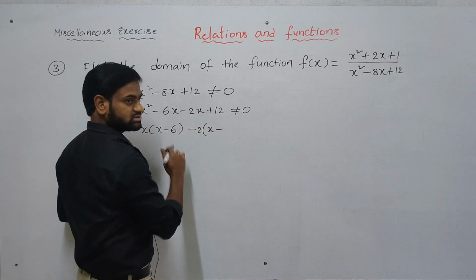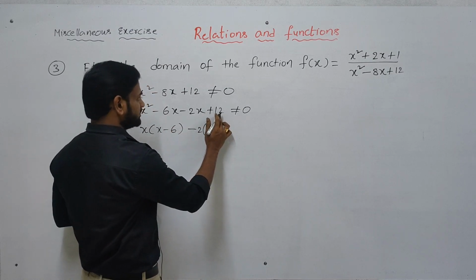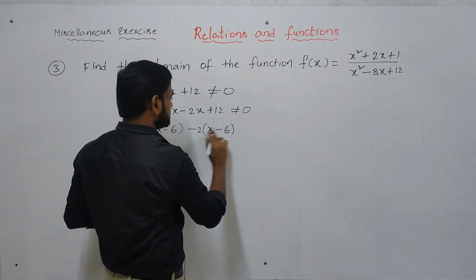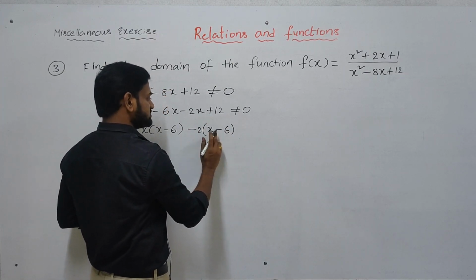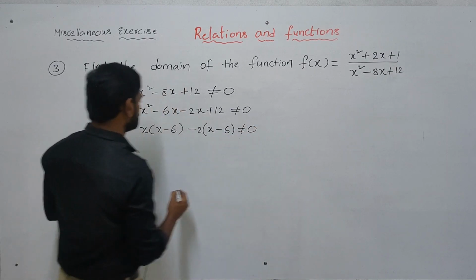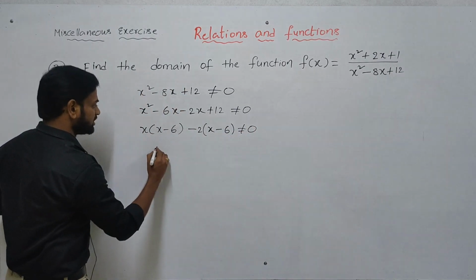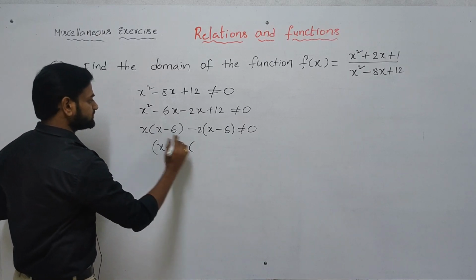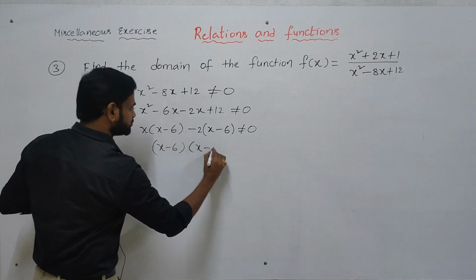Minus into minus is plus. So 2 is also common. In the 12, 2 is common means the remaining is 6. 2 into 6, that is 12. Not equal to 0. Next, x minus 6 is common. Here remaining is x. Here remaining is minus 2.